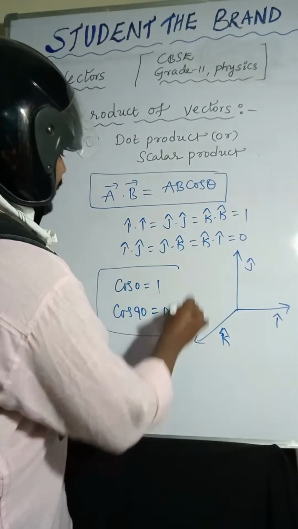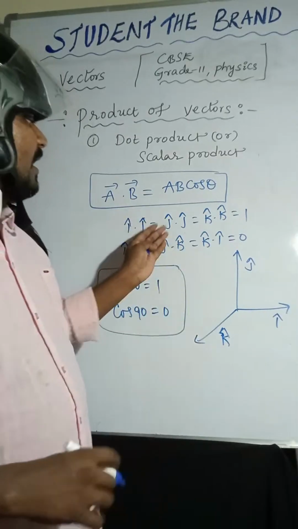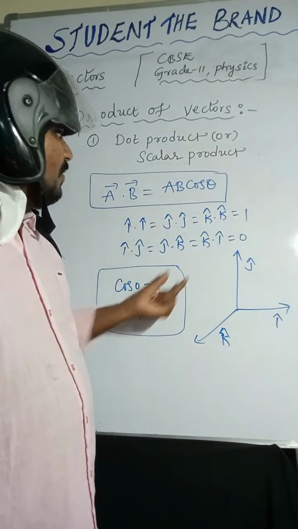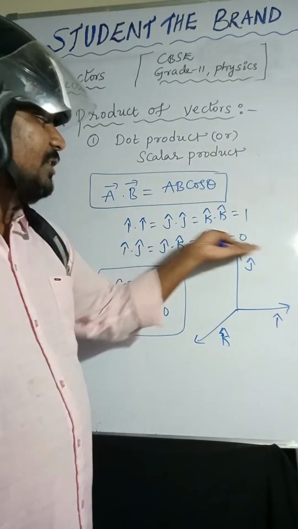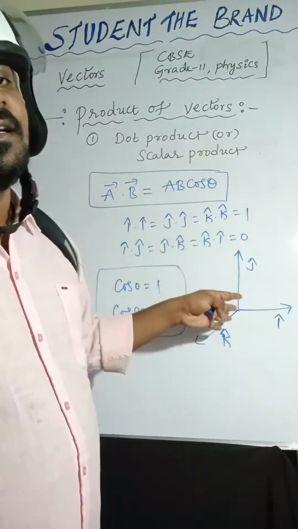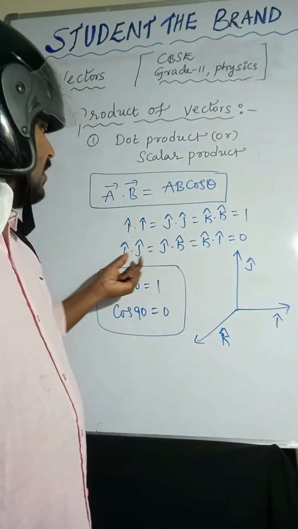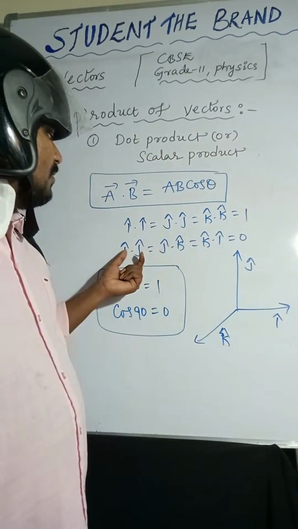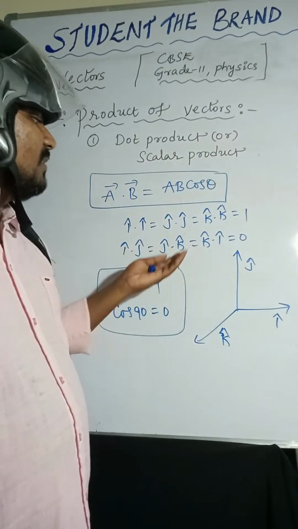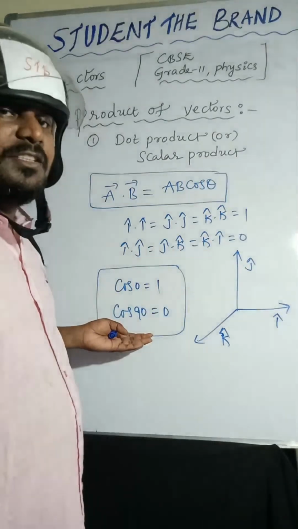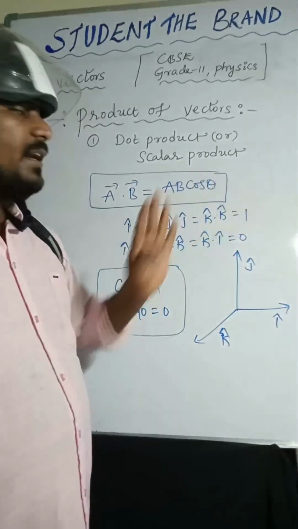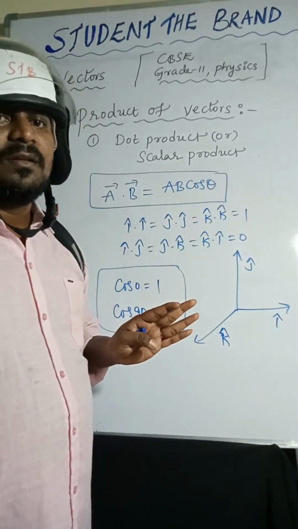So I cap dot I cap is cos 0, which is 1. I cap dot J cap is IJ cos 90 degrees, which is 0, because those are perpendicular vectors. That's why here it is 0, here it is 1. Yes or no?